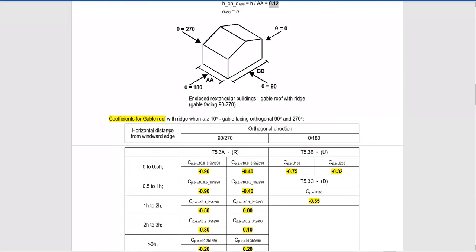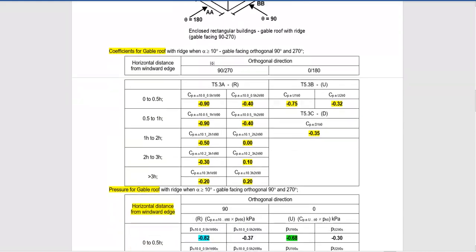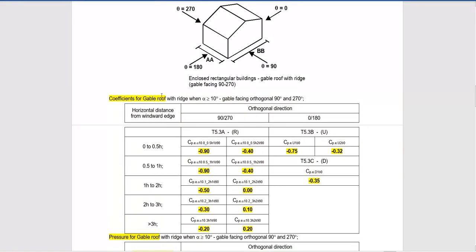For the external coefficient, we are going to get the coefficient for the roof, for the wall, for the leeward side, windward side, and side wall. For the gable roof, the slope is equivalent to 10 degrees.